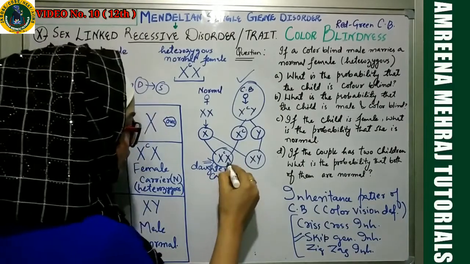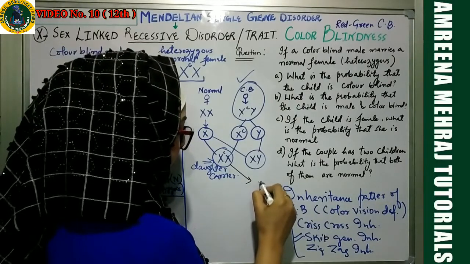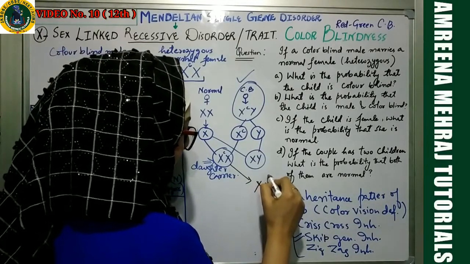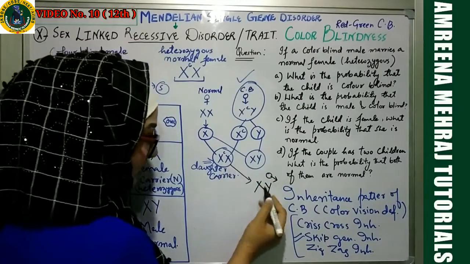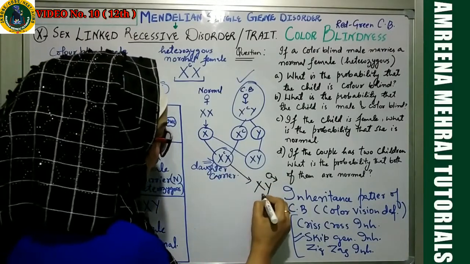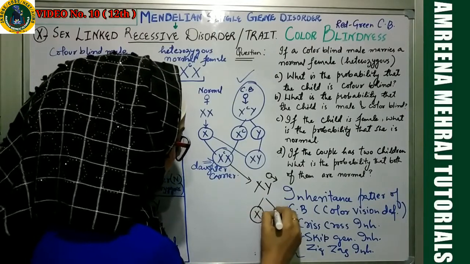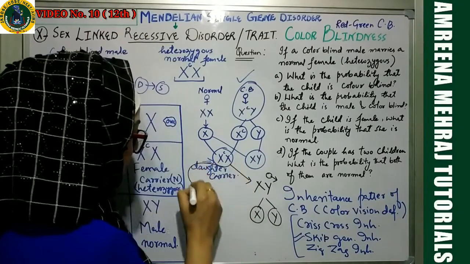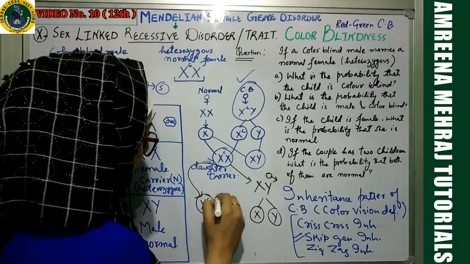So, suppose this daughter marries a normal male. Now, look, where will the trait go? Father will produce X and Y sperms. Mother will produce 2 types of X ova: X with mutation and X normal.